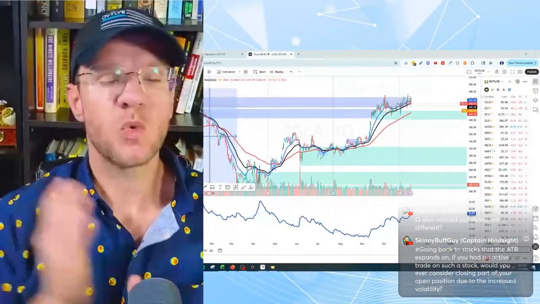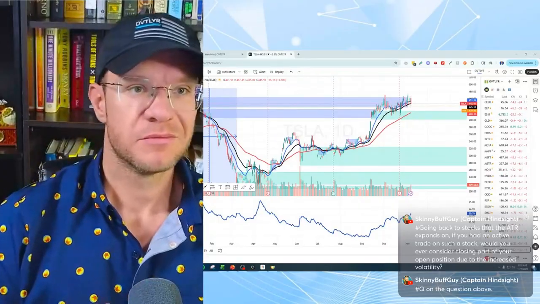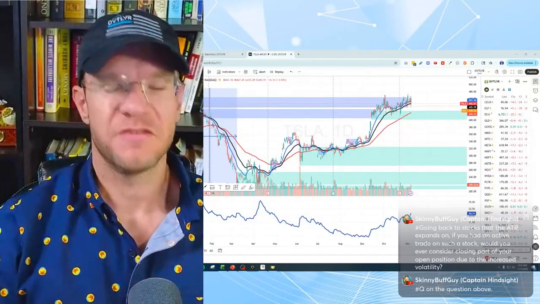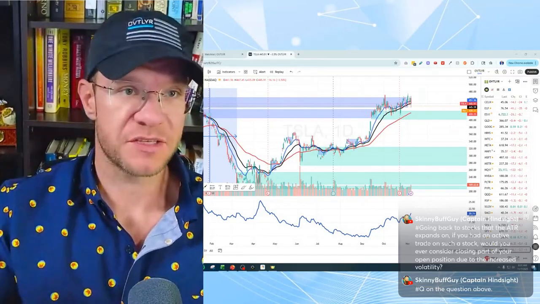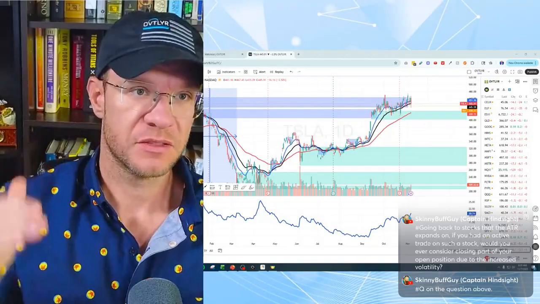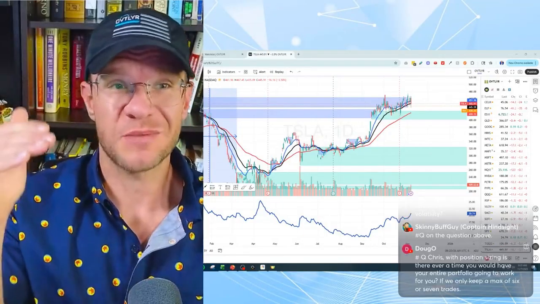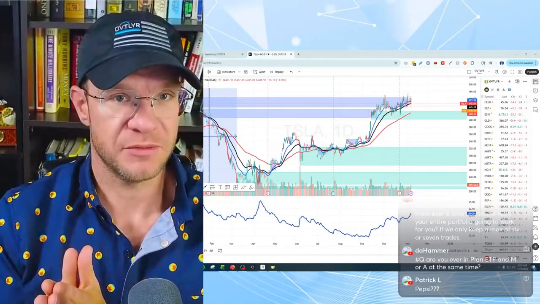So Tesla has 20 times more volatility than Coca-Cola. You trade 100 shares of both, you're going to have vastly different results, vastly different risk. One of them will have 20 times the amount of risk for the same shares. You don't want that. What that means is you need to trade 20 times less than you think you would in order to match the volatility.